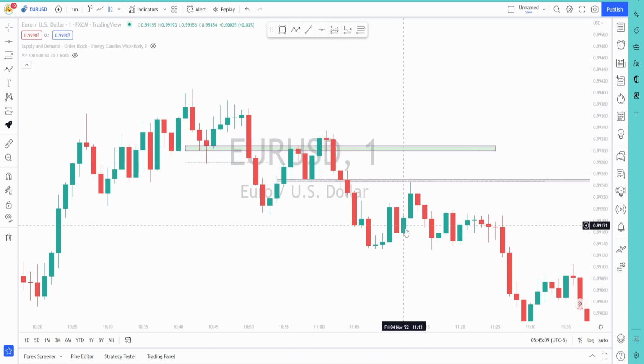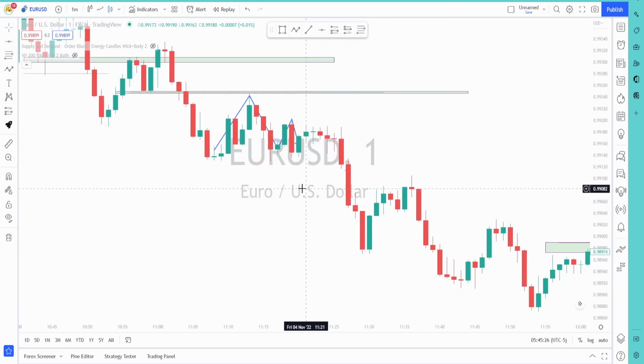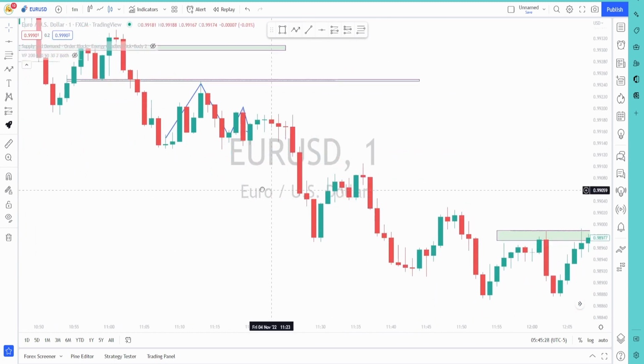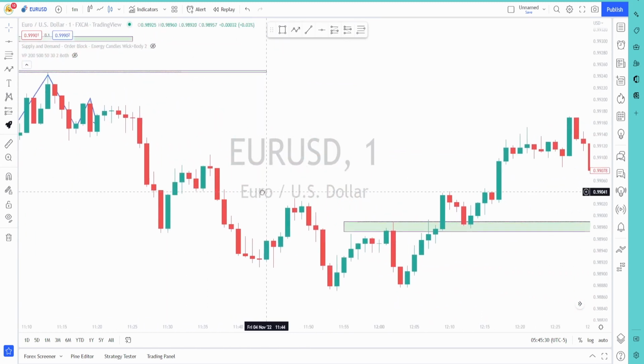Price shoots down. Price comes back up, retests this area before going down, and you might have waited for a pullback before deciding to get in on a trade. And this continues to happen over and over again.